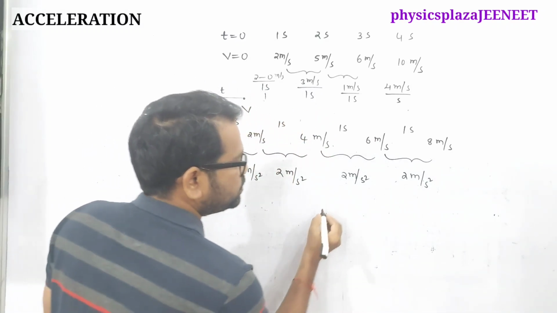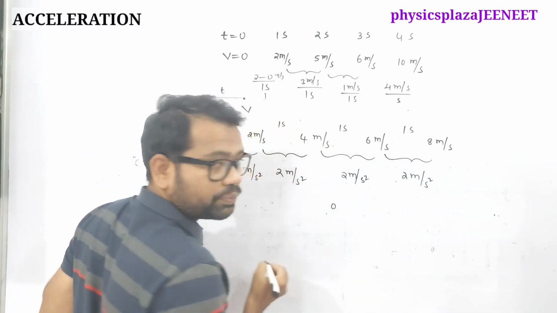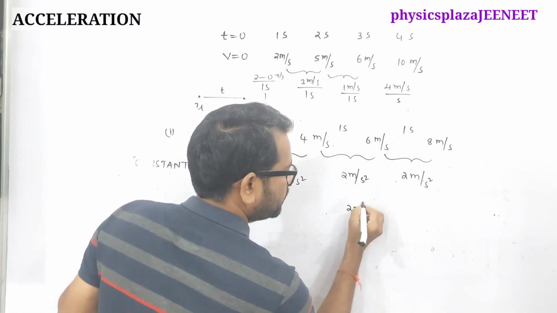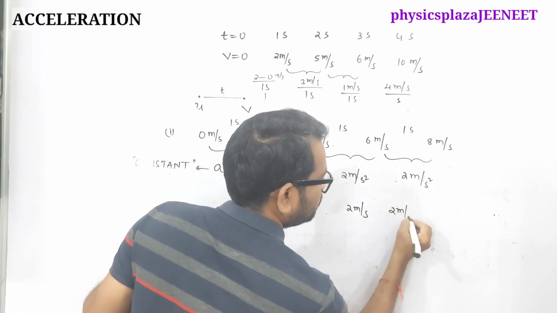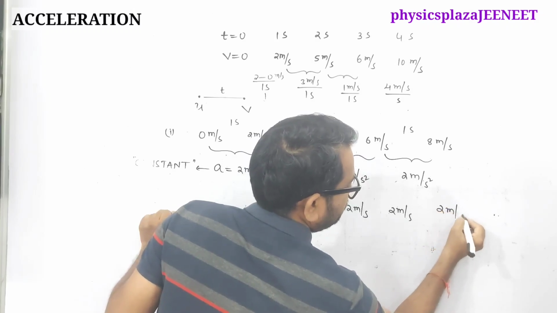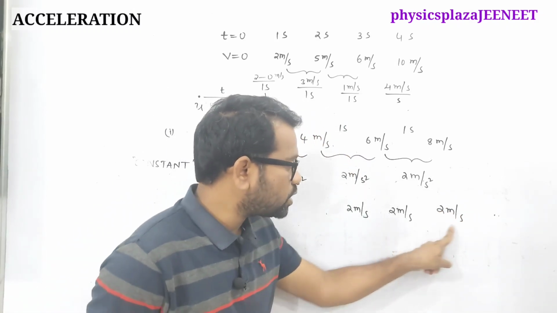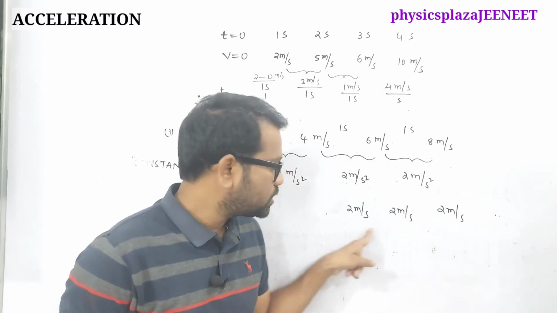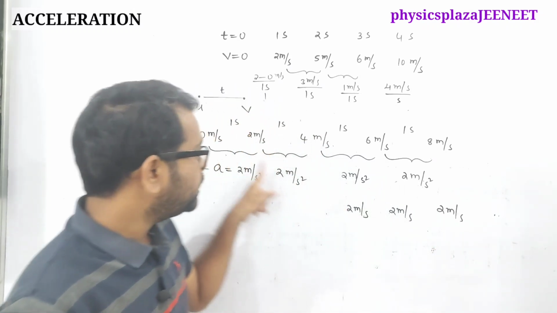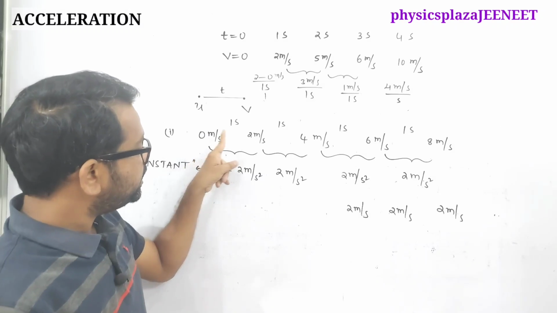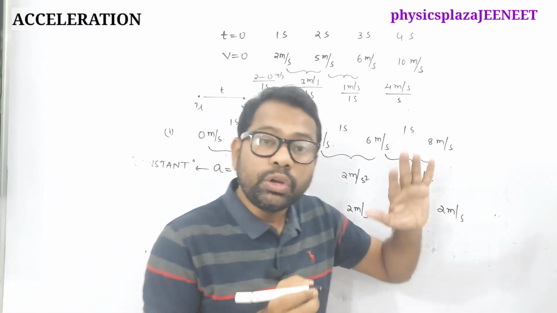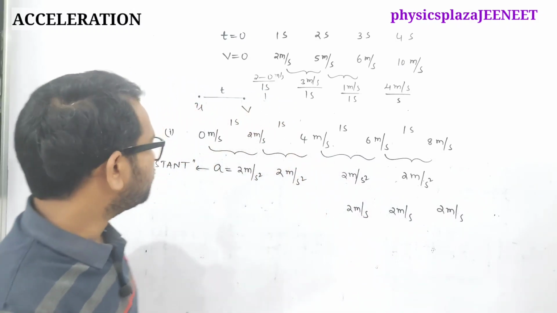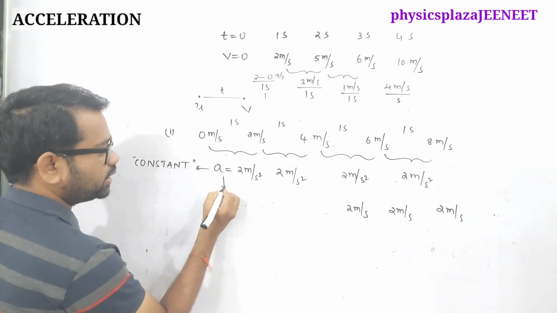Now, if velocity itself remains constant, like 2 meter per second, 2 meter per second, 2 meter per second, then there is no change in velocity, so no acceleration at all. This is not accelerated motion. But here, notice there is a change in velocity in a uniform manner. Such an acceleration we call uniform acceleration.